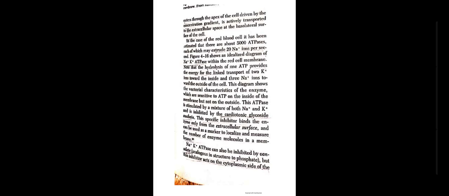This diagram shows the vectorial characteristic of the enzyme, which is sensitive to ATP on the inside of the membrane but not the outside. This ATPase is stimulated by a mixture of both sodium and potassium and is inhibited by a cardiotonic glycoside, ouabain.